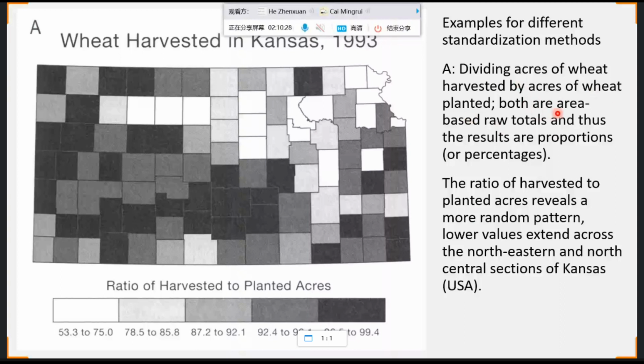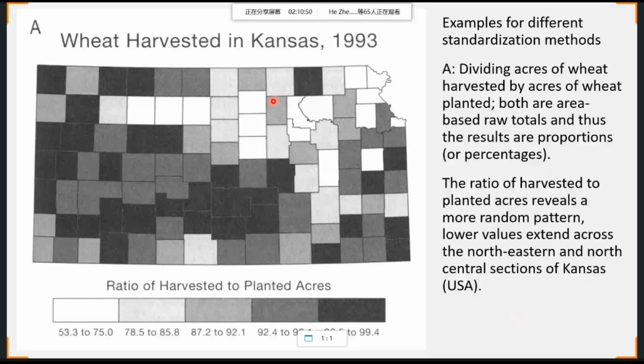Both are area-based raw totals, and thus the results are proportions or percentages. The ratio of harvested to planted acres reveals a more random pattern. Lower values extend across the northeastern and north central sections of Kansas.